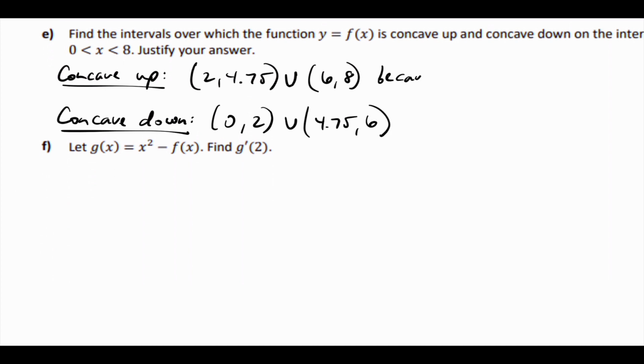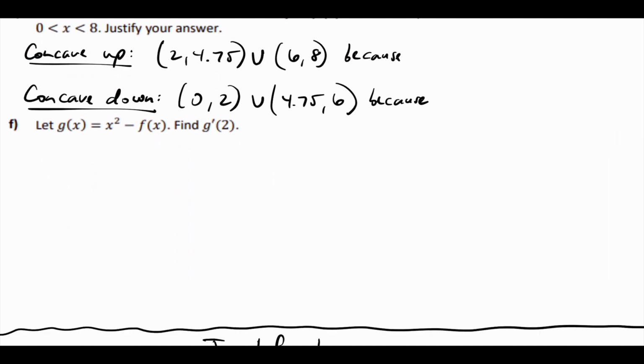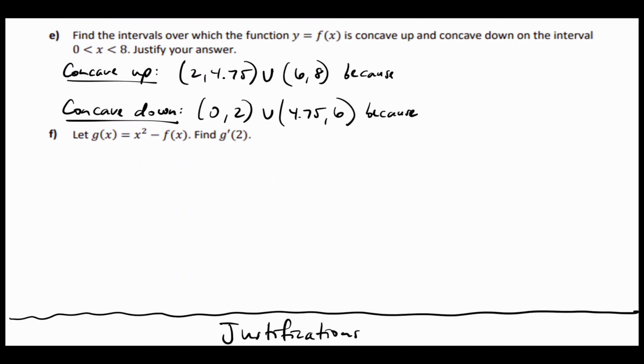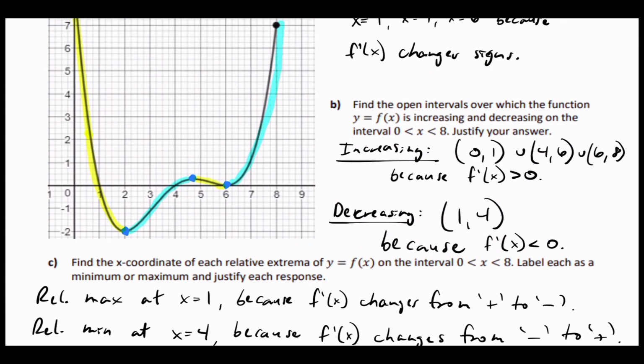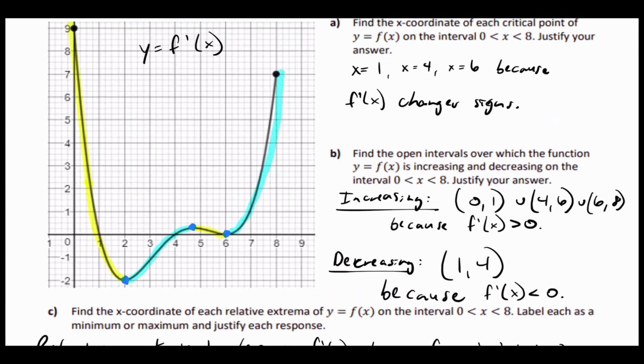Now we need justifications. Because so we knew the yellow was concave down because the slope f double prime was negative.